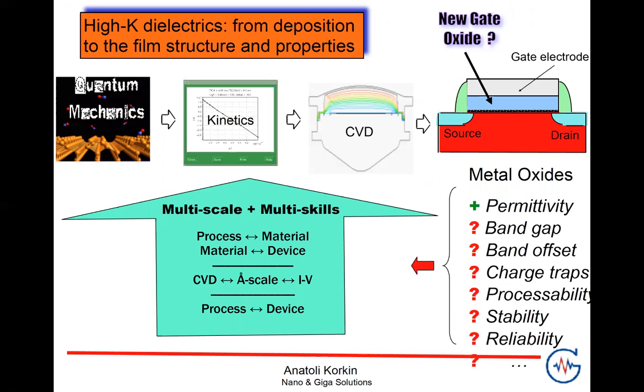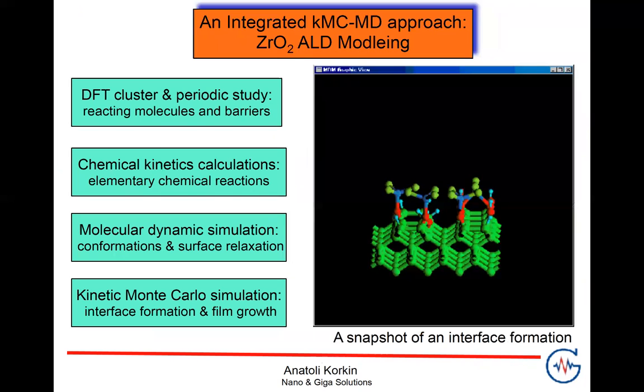And the goal was to design a new gate oxide, something like zirconium oxide and hafnium oxide type materials. So here's just to show our integrated kinetic Monte Carlo method approach in combination with quantum chemistry calculation.